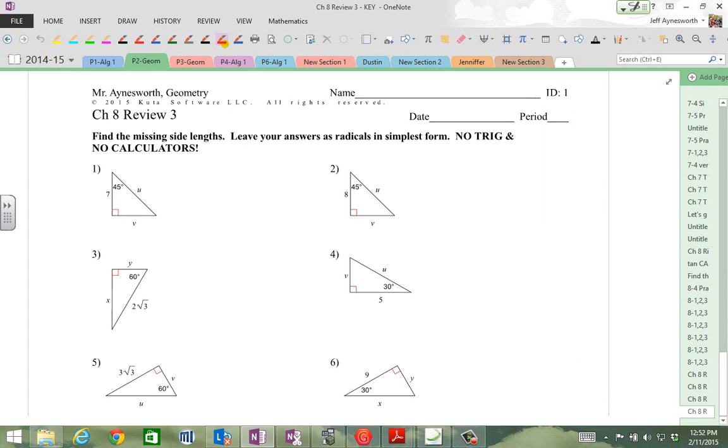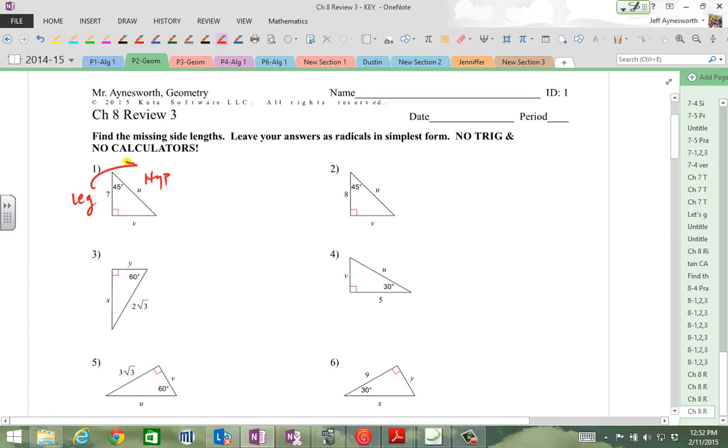So here we go. You have to remember that when you go from leg to hypotenuse on the 45-45-90, you've got to multiply by rad 2. So u is equal to 7 times rad 2. Well, that's just 7 rad 2. That's all she wrote. So you get 7 rad 2 here.